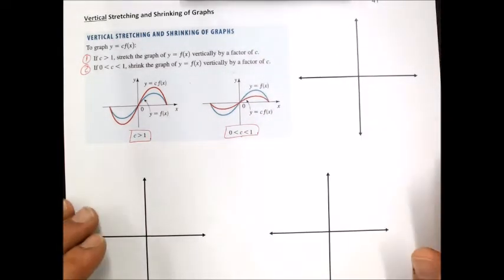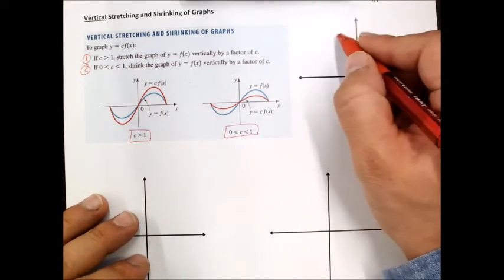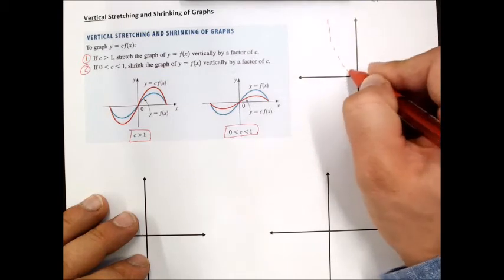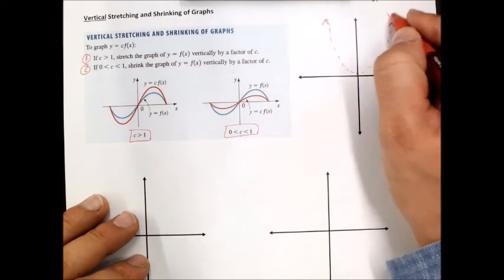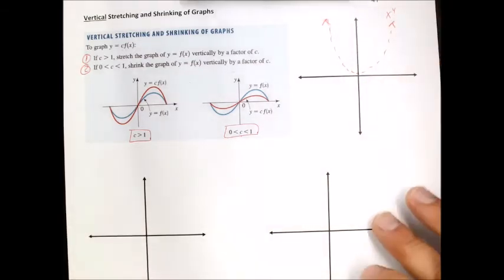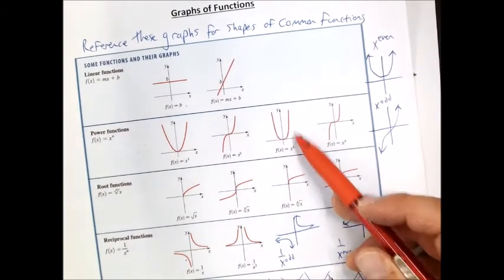So for example, and again, this one can be kind of hard to draw sometimes. Let me just show you what I mean. So for example, let's say we started with x to the 4th. So x to the 4th looks like x squared, right? It does that U kind of shape thing. Again, I'm referencing my first page here, and I just know that's what x to the 4th looks like.